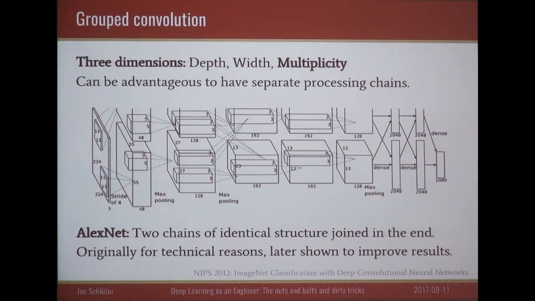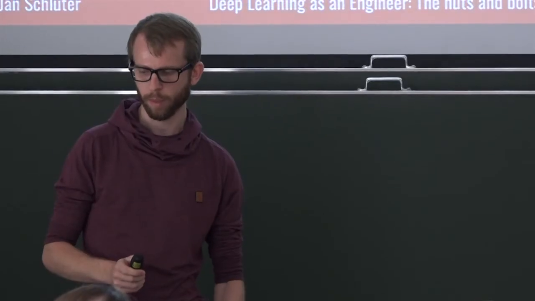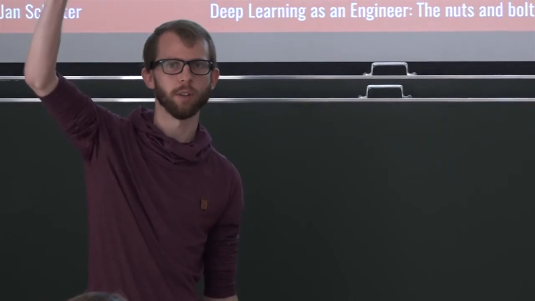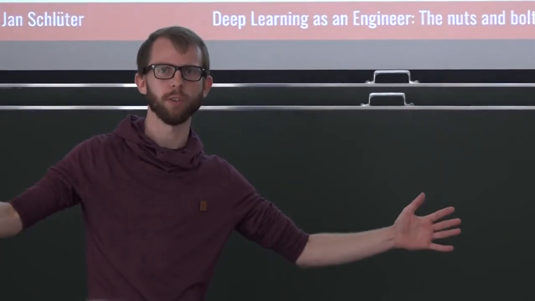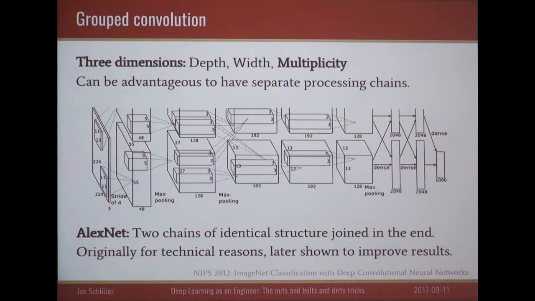And then another dimension is, so we have the depth of the network, the number of layers, we have the width, which is how many units to put in each layer, and then we have the multiplicity, which is how many independent computational paths to use in the network.